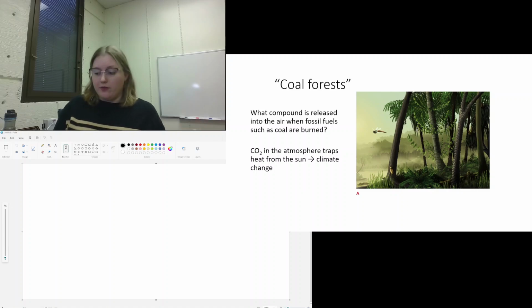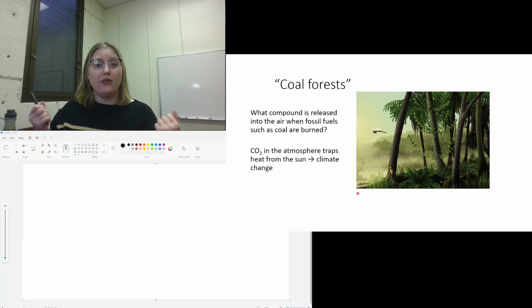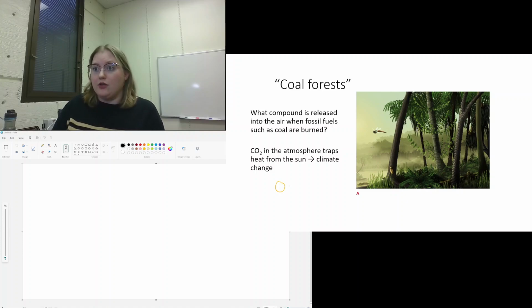So when we are burning fossil fuels, coal and oil, we are breaking the covalent bonds between the carbons. So when we break those bonds, we are releasing energy. So let's say we have our glucose here. We break these bonds and we get energy.